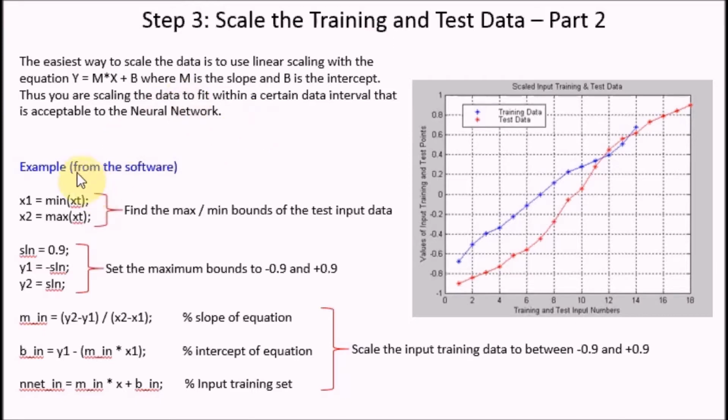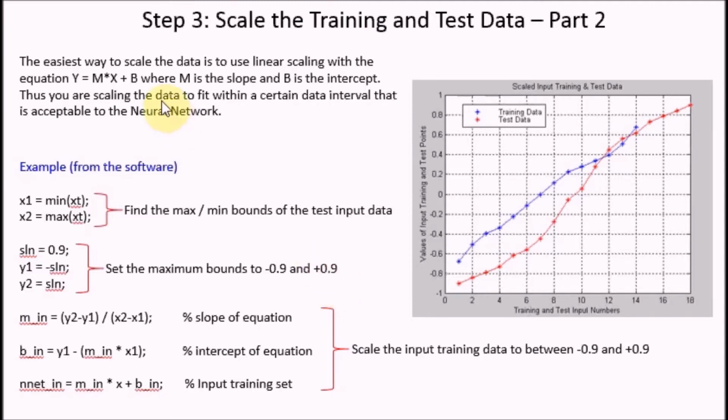So we're going to start with the training set, and in this case we're scaling the input values. We start with the data set for x, and we want to find the max and min bounds of the input. That might be minus 16 to plus 16, and we want to bound it so that instead of minus 16 to plus 16, it goes from minus 0.9 to plus 0.9.